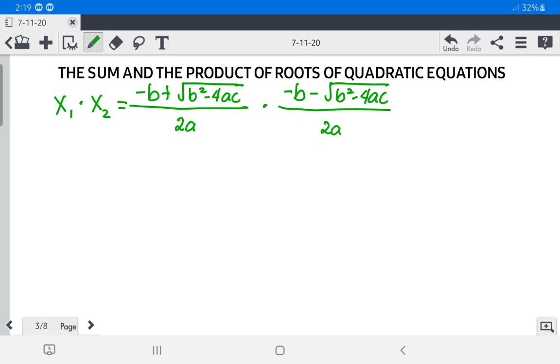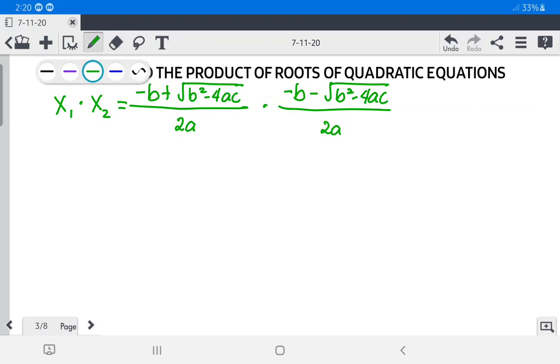Notice that they have the same numerators, only that one is the sum of two terms and the other one is the difference of two terms. Here we're going to make use of the concept of the sum and difference of two terms. We have x plus y and x minus y. If we're going to find the product of that, you square the first term minus the square of the second term. So let us make use of that.